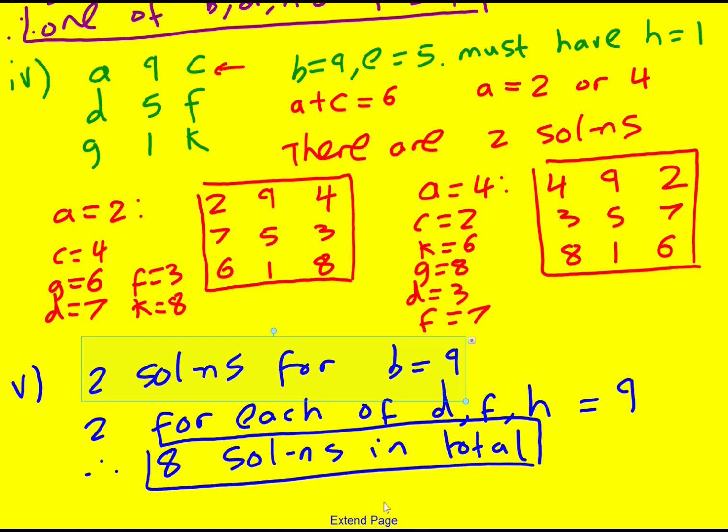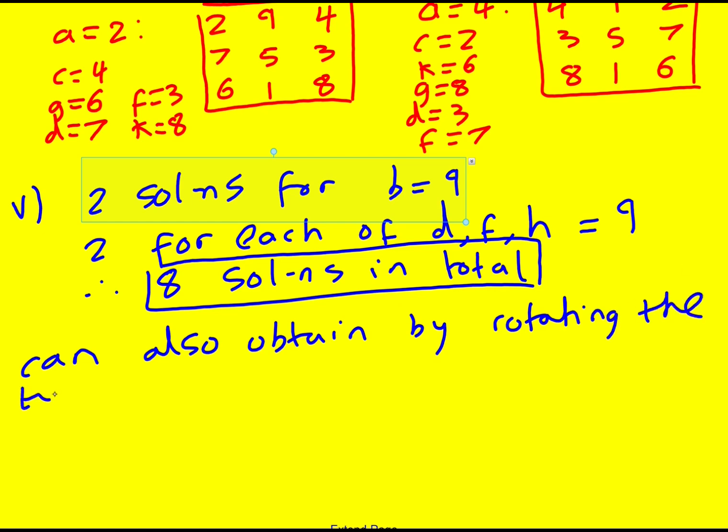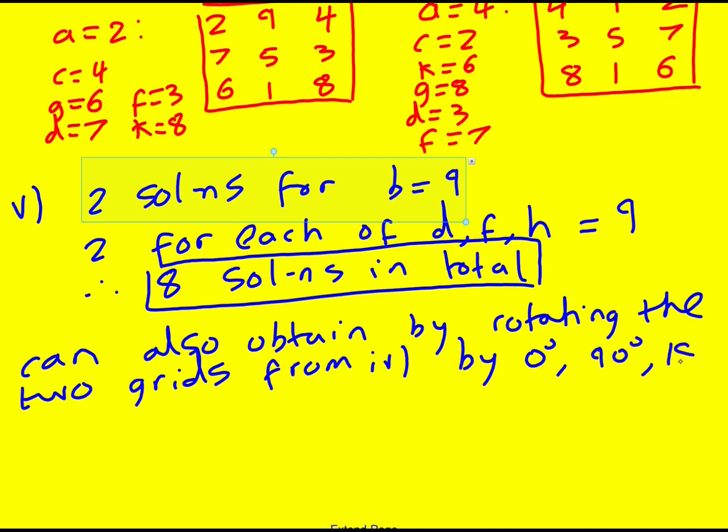So we can also obtain them by rotating the two grids from part 4 by 0 degrees to get the ones that are actually shown, 90 degrees to get a new grid, 180 degrees, and 270 degrees.